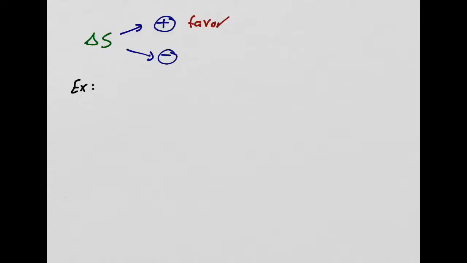Here is an example. Let's say we have solid, and the solid is going to go to gas. Now, solid, if you have a piece of solid, has a good order, is nicely packed together. Whereas gas, we would consider to be disordered, right?